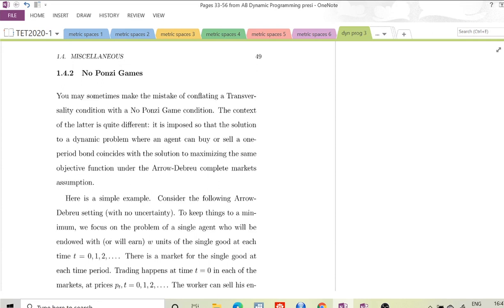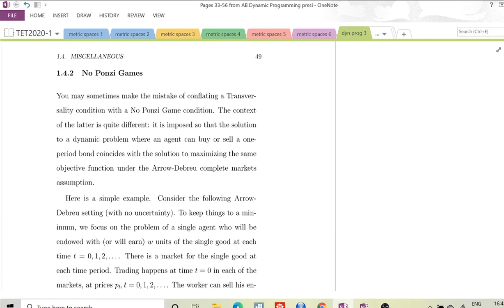But the apparatus, or the way to think of Arrow-Debreu, is to say that all the markets for the commodities open at time t equals 0. So all the trading takes place there. But what is the trading? In equilibrium, the price vector has a price for each of the markets. So suppose there's no uncertainty and there's only a single good. Then there's a market for that good at time 0, time 1, time 2, time 3, etc.